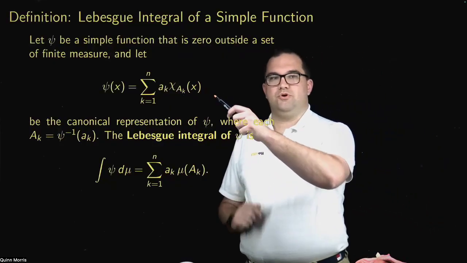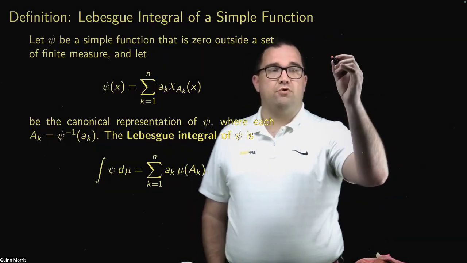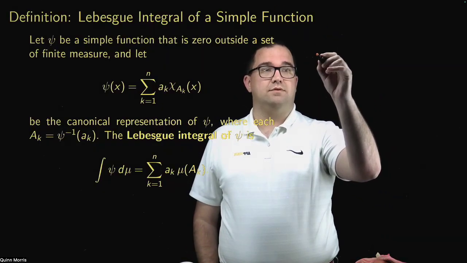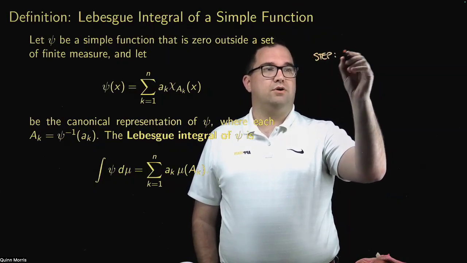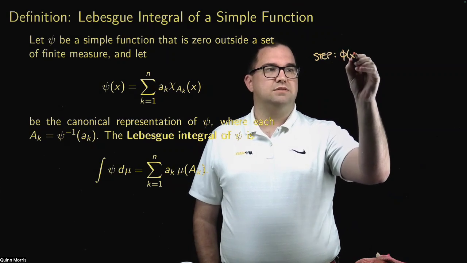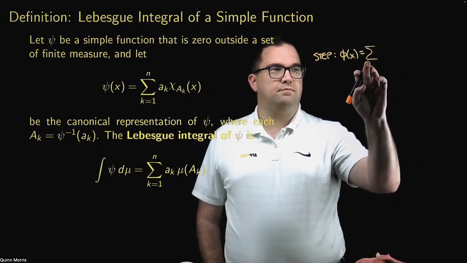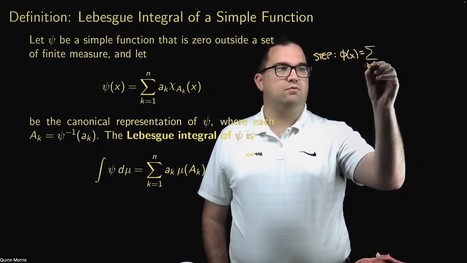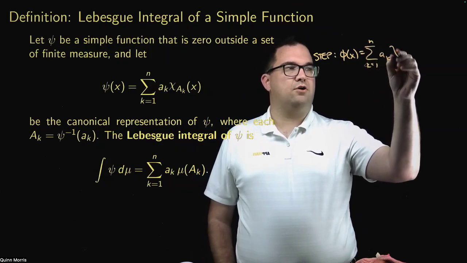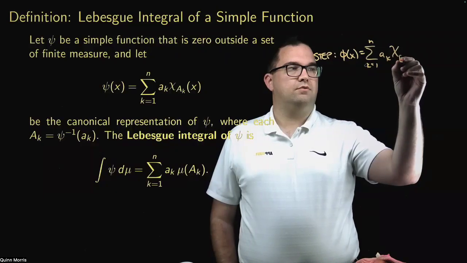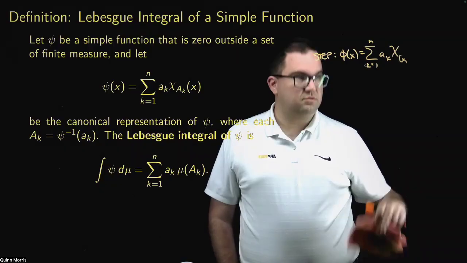So again, notice what we're doing here, right? We're really doing exactly the same thing. For a Riemann integral, if you have a step function, you can write the step function, say phi of x, as a sum k equals 1 to n of ak times the characteristic function of an interval, and let's just call those ik.